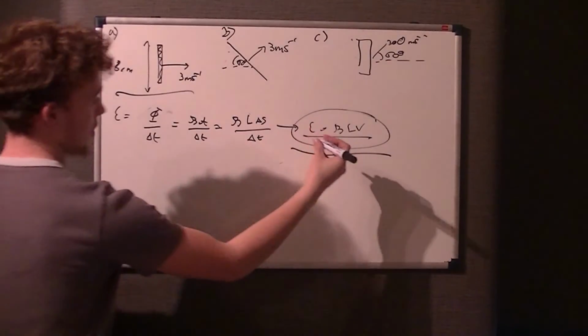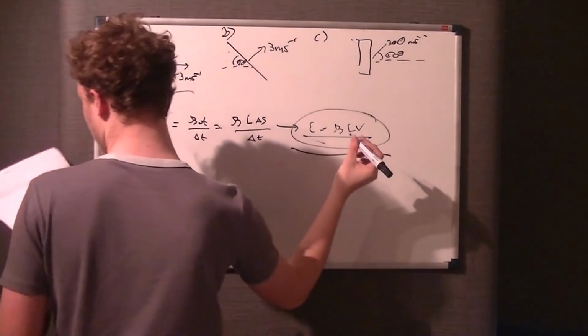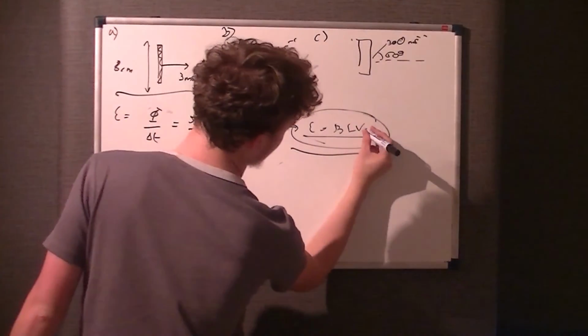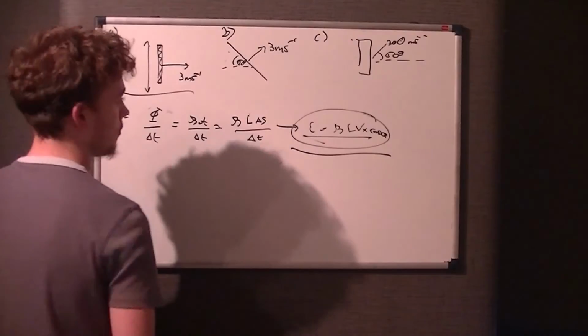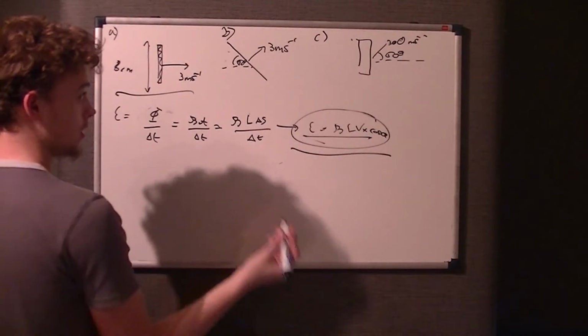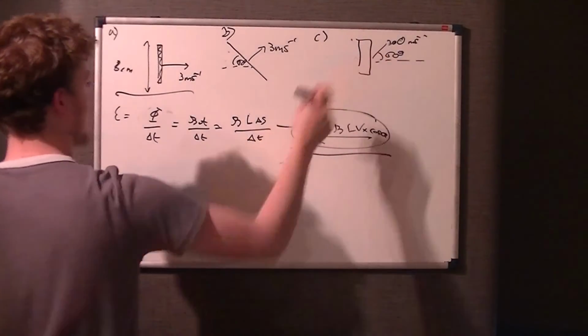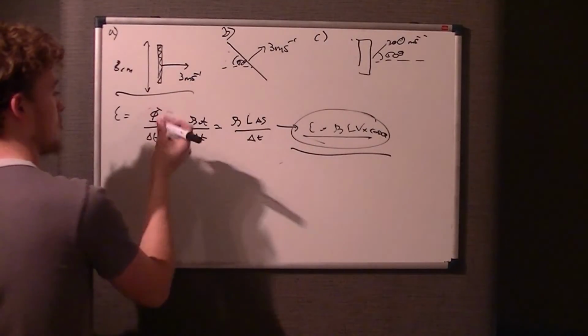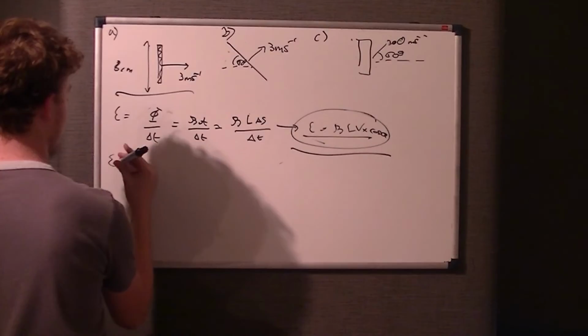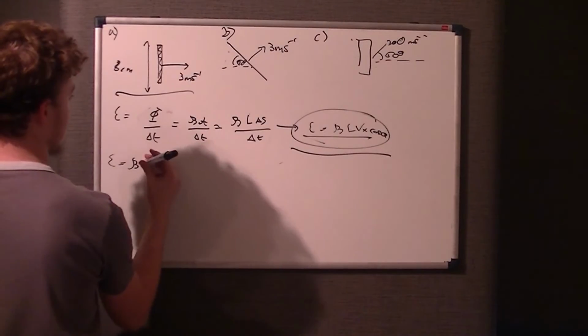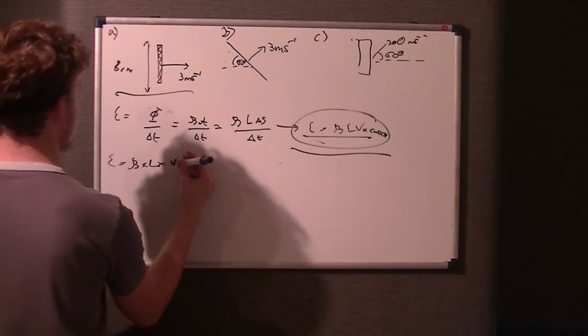Sorry, you add on at the end here cos theta, because we need to use basic trigonometry. The first one is at right angles, so it's just going to be cos 90, which is 1. So the EMF for A is equal to B times L times V times cos theta.